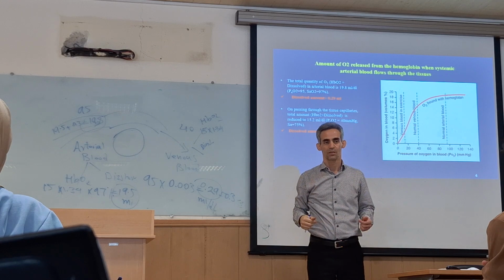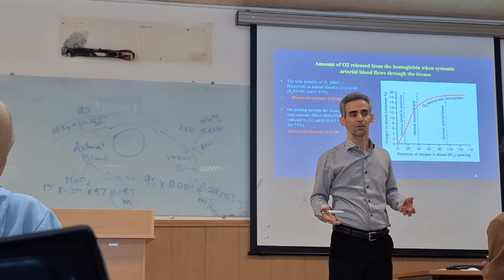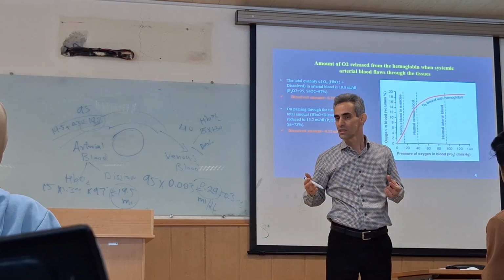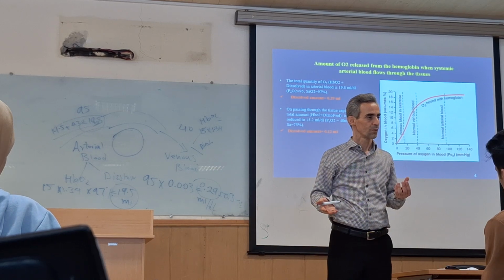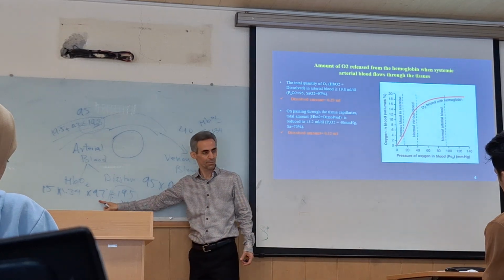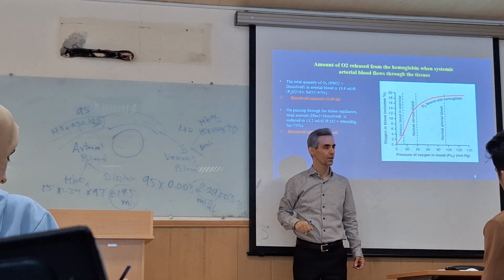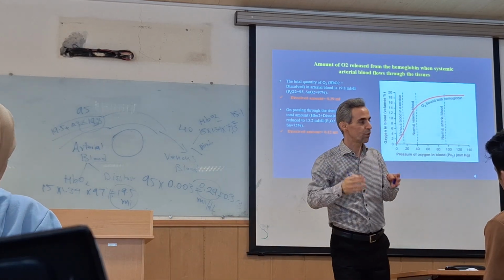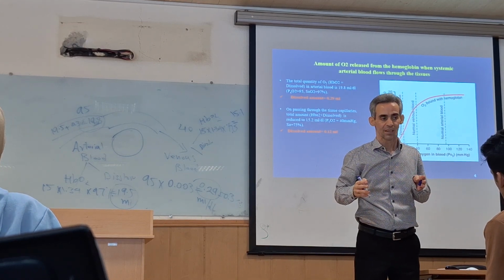But the difference between venous blood and arterial blood is this: in arterial blood the saturation is about 97%, but in venous blood it decreases to 75%. I replace the 97% of arterial blood by 75%, and you reach this amount, 15.1 milliliter of oxygen in each deciliter of venous blood bound to hemoglobin.